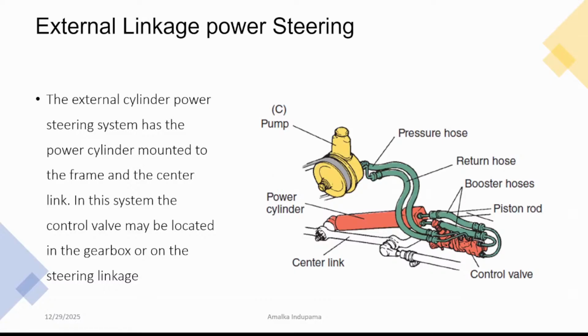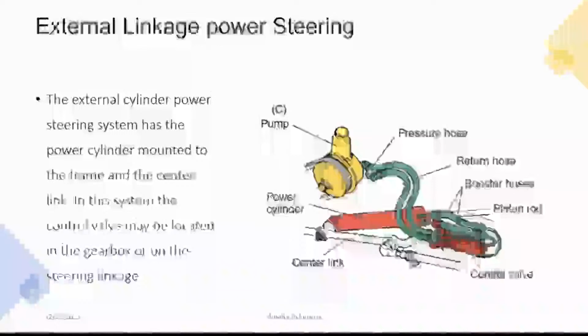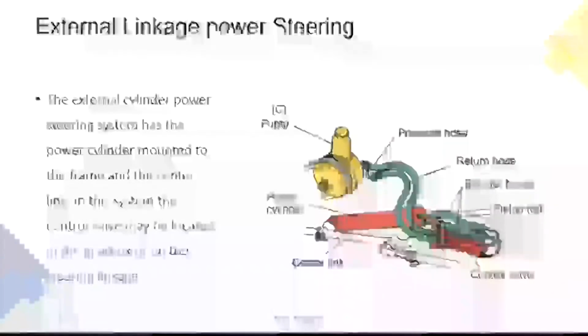The old SUVs are equipped with this external linkage power steering system. All the other things are similar. The only thing is that we don't have an integrated embedded cylinder like in the rack and pinion power steering system.